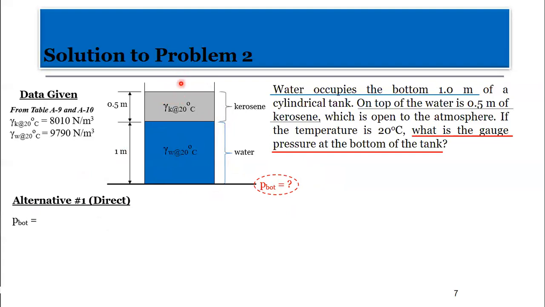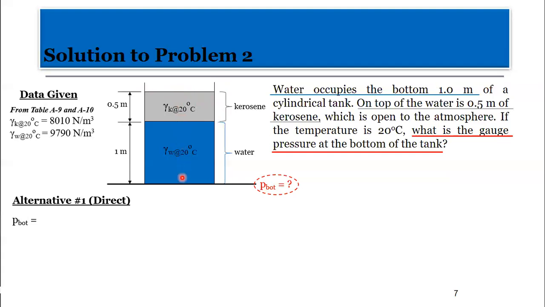Because it's open to atmosphere, I assume that part to be zero, so I didn't consider it at all. I focused on the pressure due to the height of the kerosene here. But if this place was sealed, we would have considered the pressure at that point and added it to the pressure due to that.